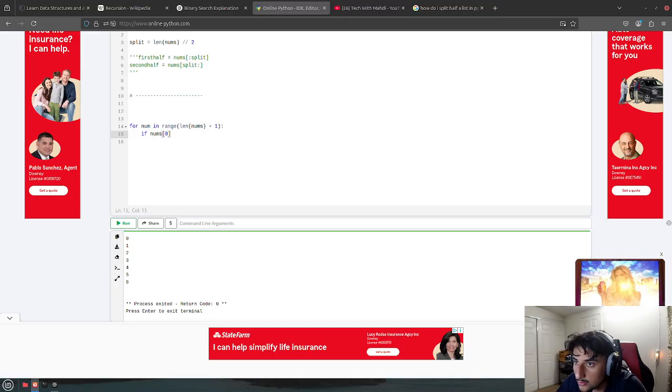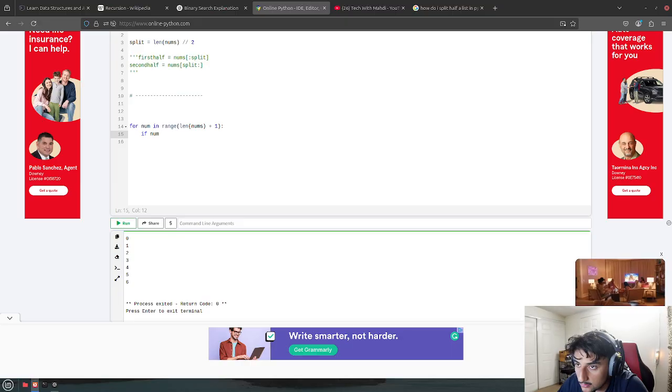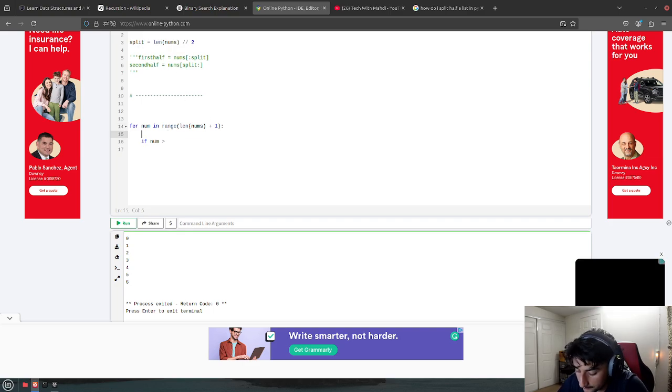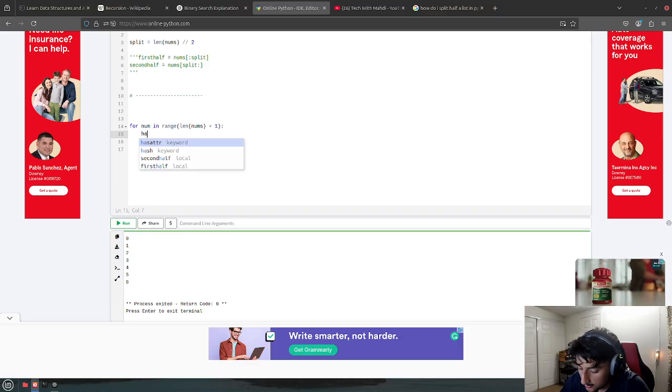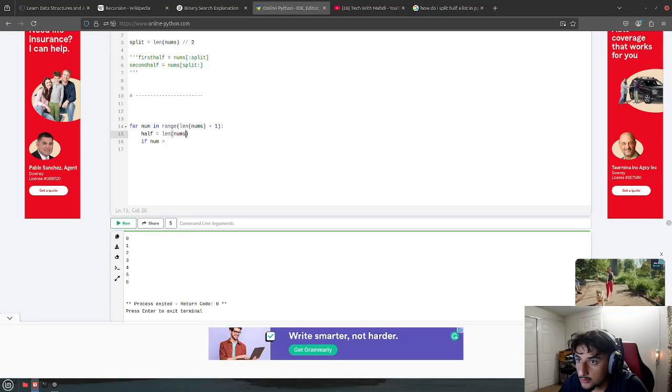No. If the index, so if this index, if num is not greater than half is equal to the len of nums. Half is, yeah.